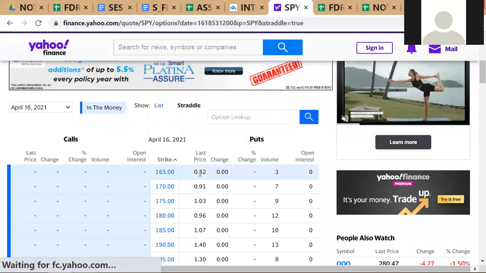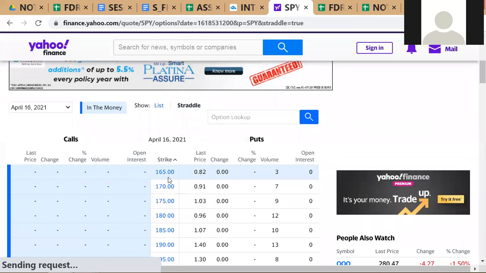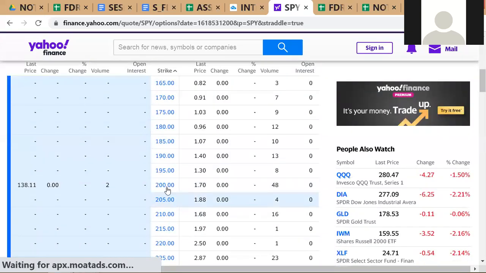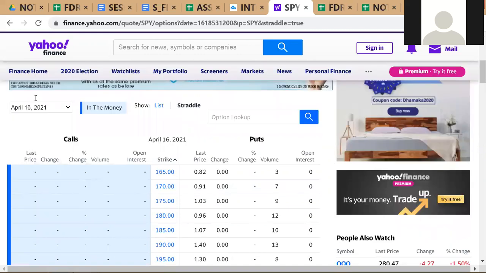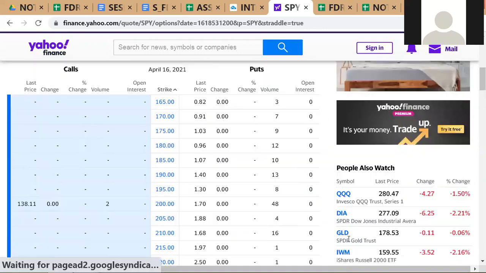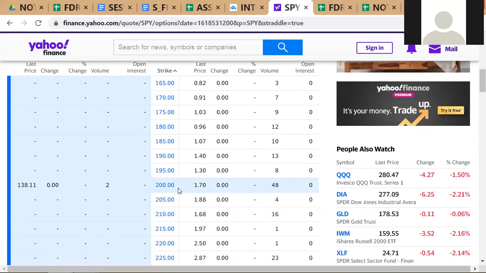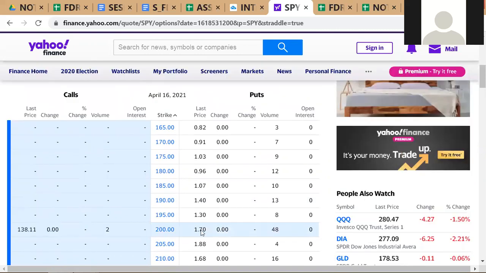And you can see the last price on a 165 put. There are even out of the money puts here, a 200 strike put on the S&P 500 when the underlying is trading at 340. Okay, 340 is the underlying price and for the 200 strike put there are 48 contracts. The last trade was $1.7. Okay, $1.7 is the last price. So this is basically what it is.